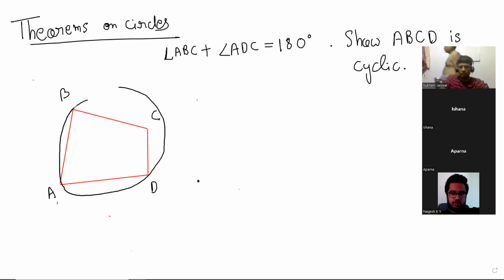You want to show that the fourth point also passes through the circle. There can only be one circle, so you don't have to think so much. Let's say I take that circle passing through these 3 points. Now I want to show that the fourth one also passes through that same circle.